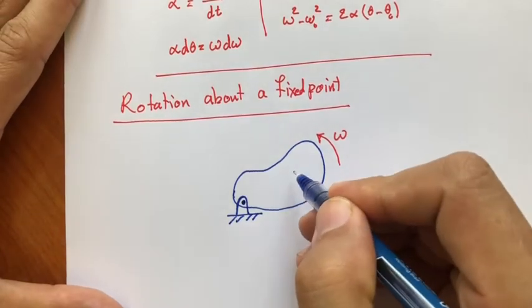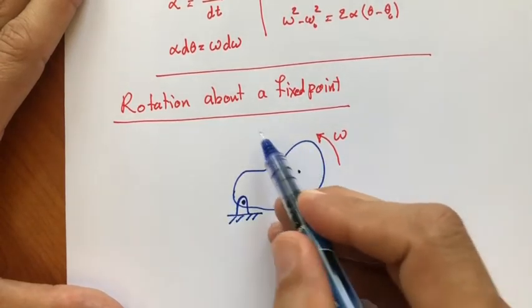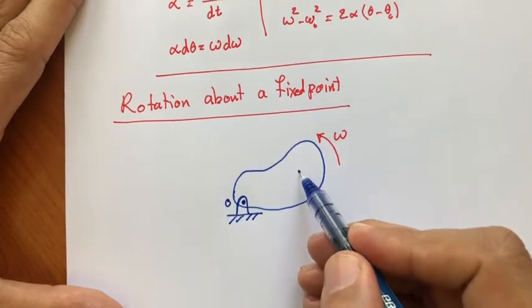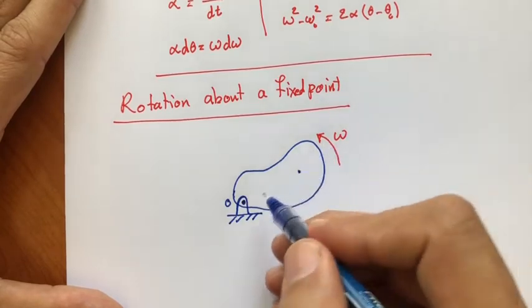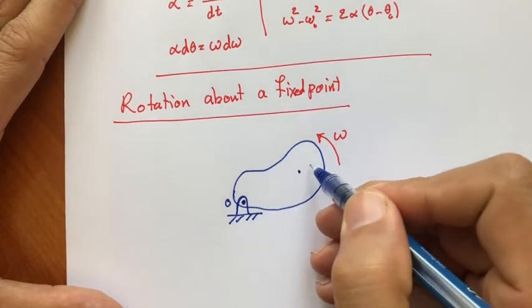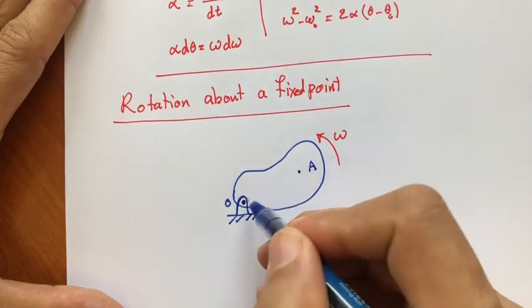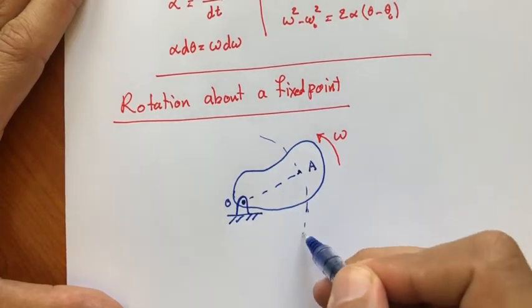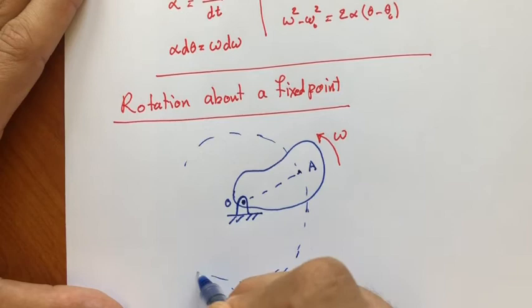But the velocities of different points have some characteristics. For example, if you consider any point like this one, an arbitrary point on this rigid body, and while this rigid body is rotating about this fixed point O, if you track it, you're going to see this particle is moving on a circle, right? Because the distance between this point, if I call it A, for example, from O is not going to change. So the path of movement of that point is going to be a circle.